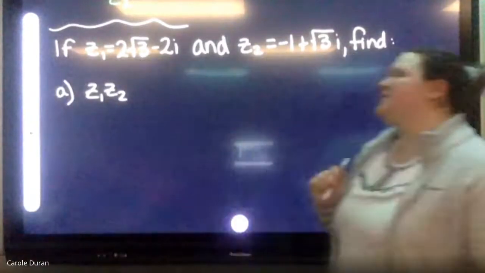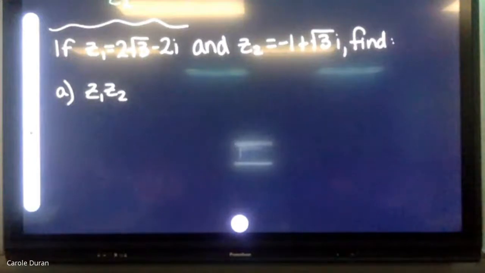So this says if z1, or my first complex number, is equal to 2 root 3 minus 2i, and z2, or my second complex number, is equal to negative 1 plus root 3i, part A asks me to find the product, or the multiplication, of those two complex numbers.